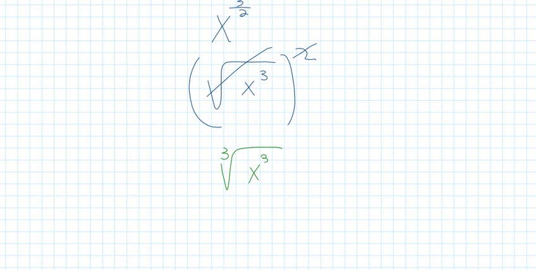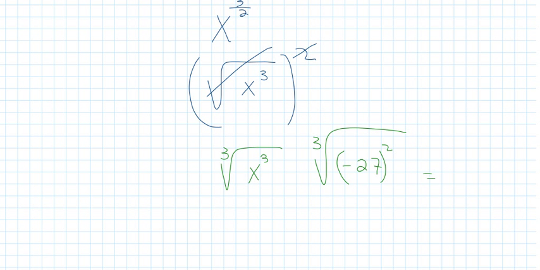If I'm doing this, what was my answer, negative 27? So what I did for the negative 27 is I squared it, then I cube rooted. This is what I did to it. Write this in a rational form for me.